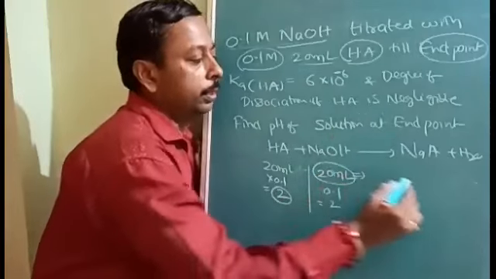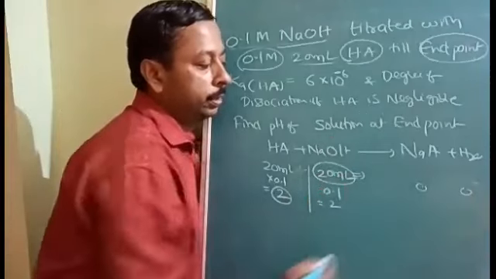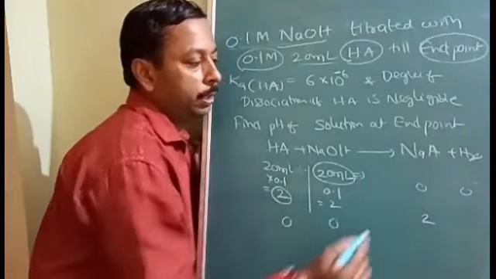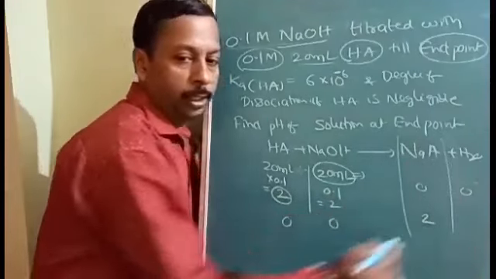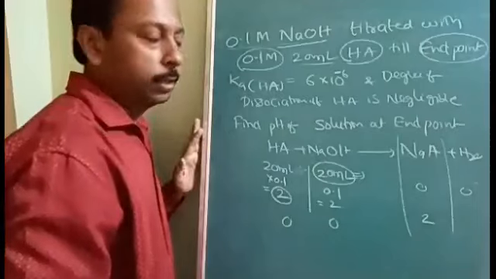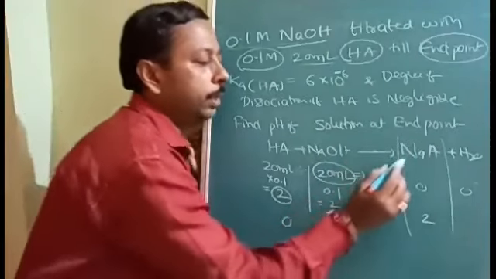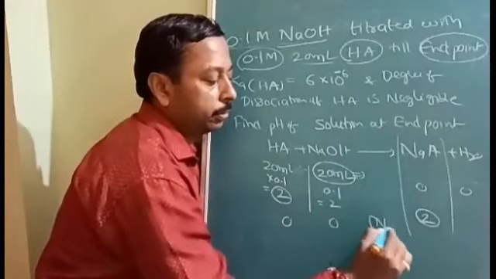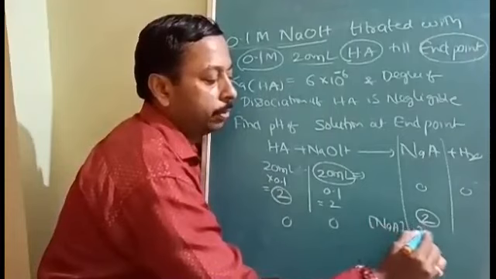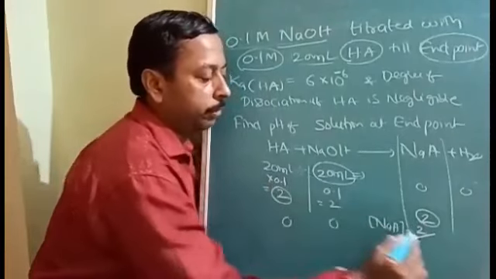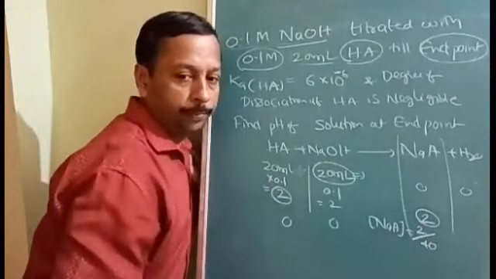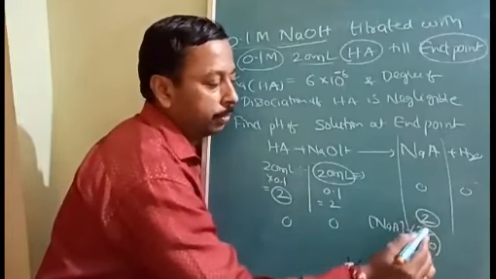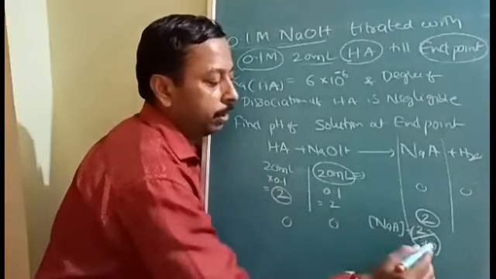Then this will be 0, this will be 0 at that time. After that, this is 0, this is 0, this will be 2. Milliequivalent of salt will be what? 2 at the end point. Is it clear to all of you? Now concentration of NaA is equal to 2 milliequivalent divided by 40 milliliter of solution. Understood why 40? 2 is the milliequivalent, 40 milliliter is the volume.